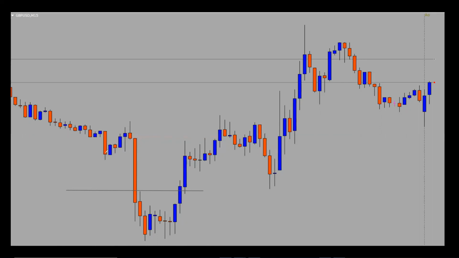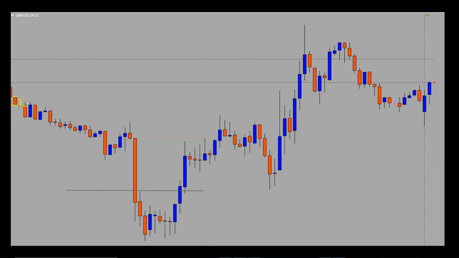All right, so right here, we'll start here, or we can start back here. This candle opened here, pulled down to right there, and then went back up and closed here. And then this candle opened right beside it, went up, came back down, closed here.